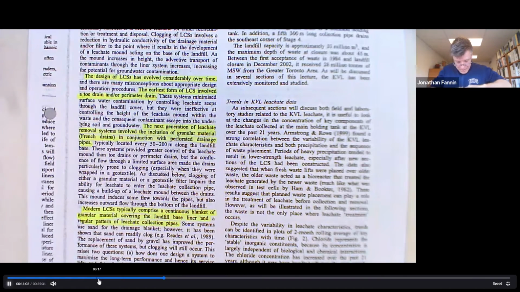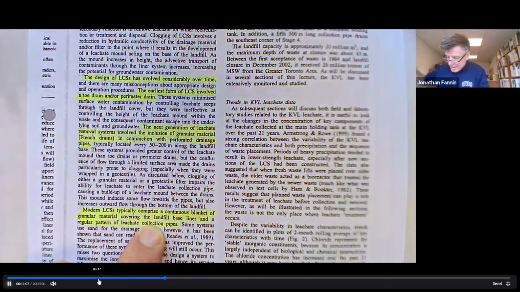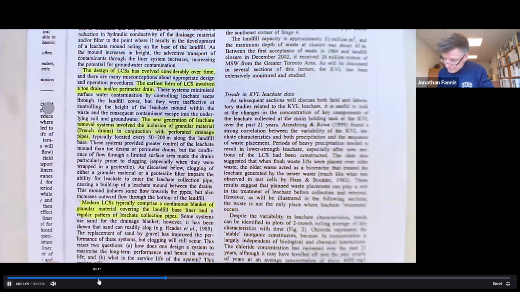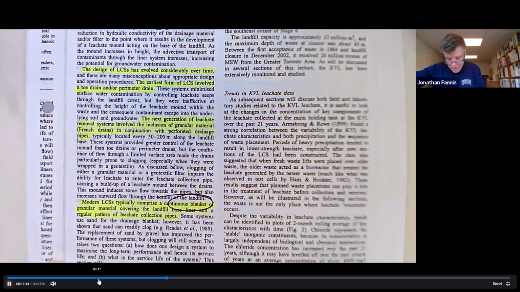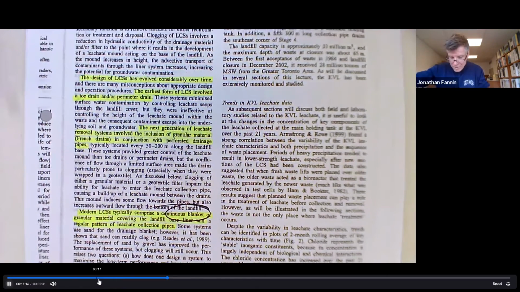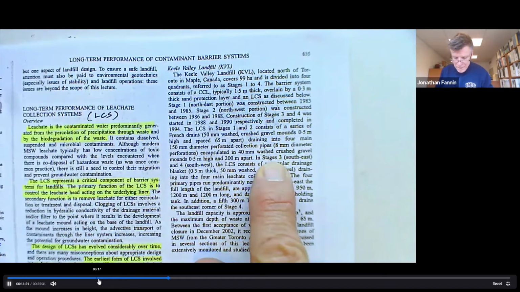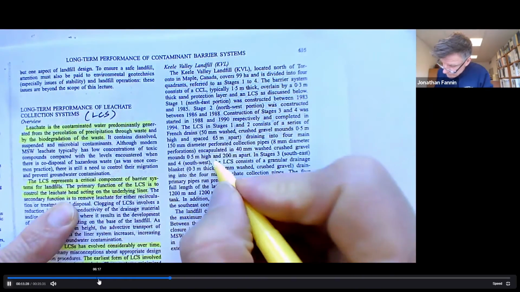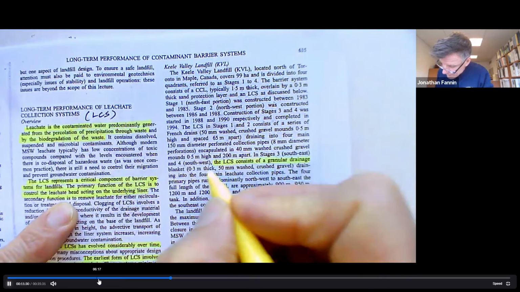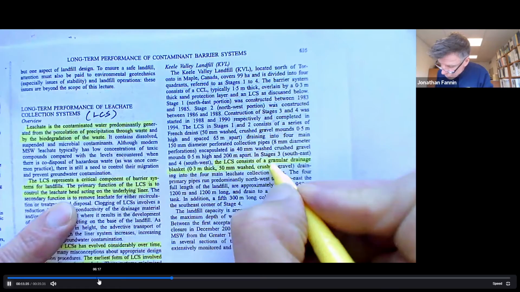And that might lead us, for example, if we look at a blanket, then in the Keele Valley landfill, where Kerry Rowe has done a lot of work over the years, as it comes to the more regular, or more recent rather, the leachate collection system consists of a granular drainage blanket. There's how thick it is, 50 millimeter washed crushed gravel.